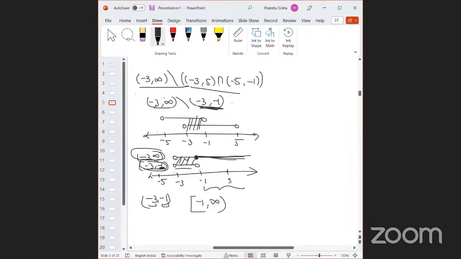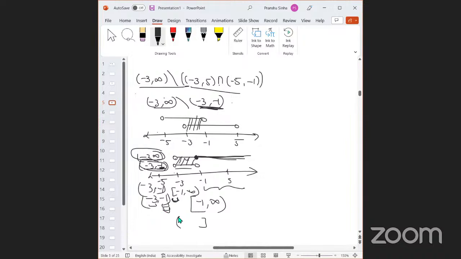So if it is not included, why in the result are we including it? Because in the result we are finding the portion which is not common to this. -3 comma -1 must not be included in the interval. So -1 to infinity, -1 is included here, and here it is not included.